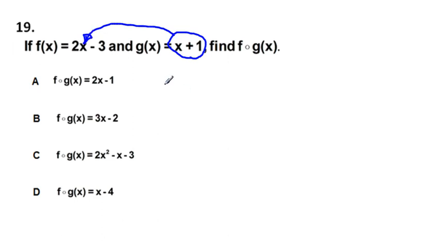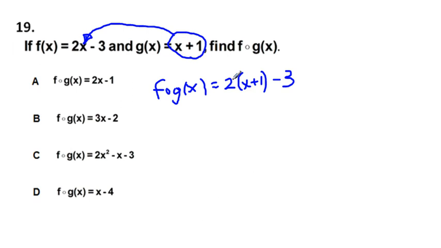So just writing it out, we're going to say f of g of x equals 2 times quantity x plus 1 minus 3.